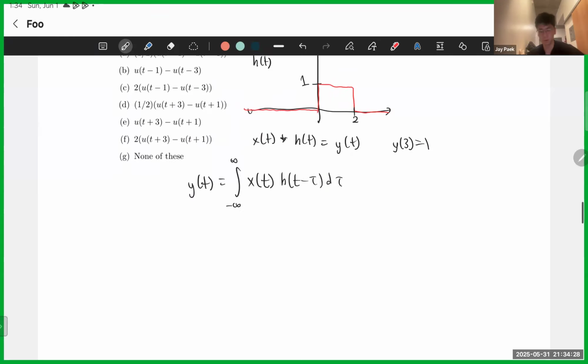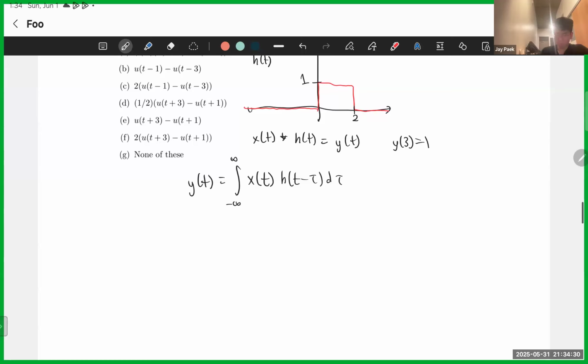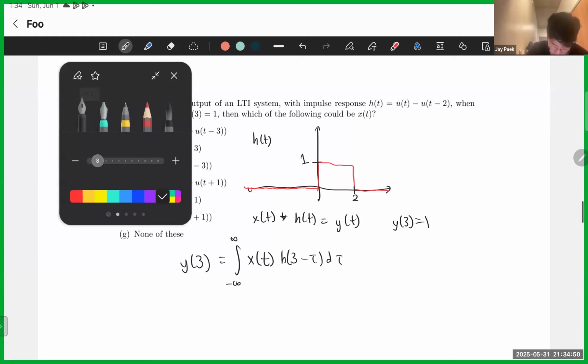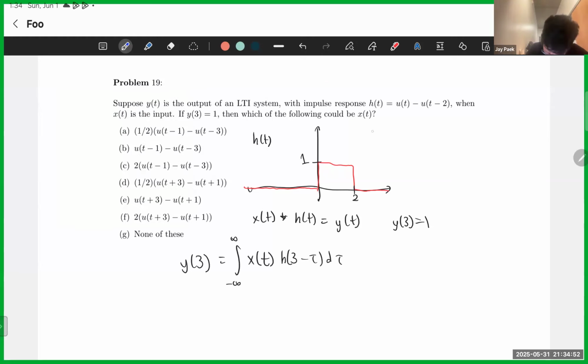If it doesn't work out, I'll flip it back. Okay, and then I observe that y of 3 is specifically when I do this, and I will actually draw out h of 3 minus tau.